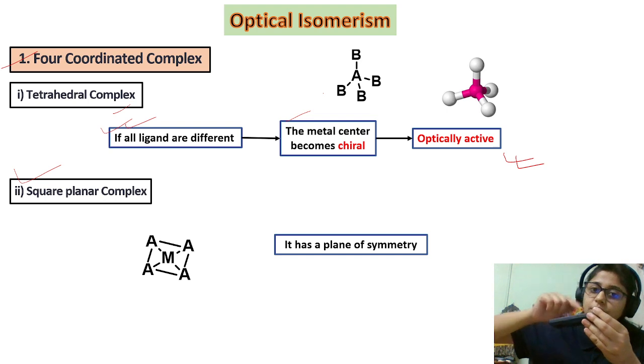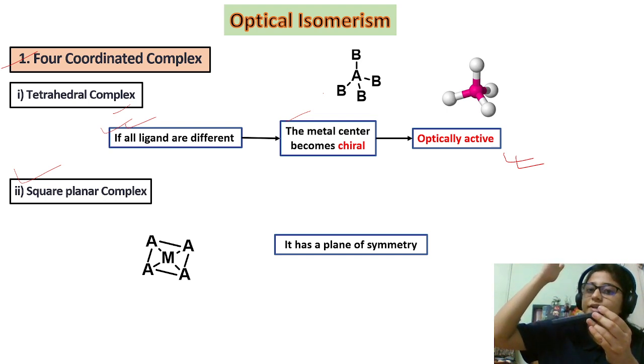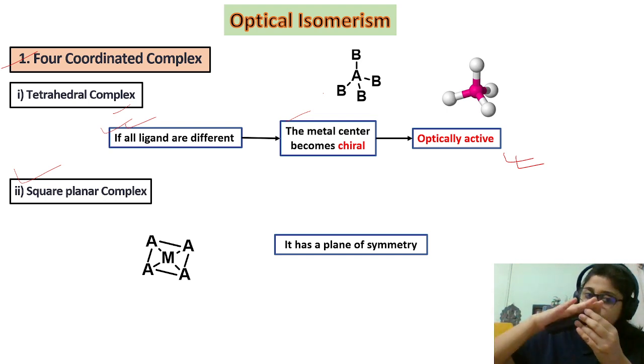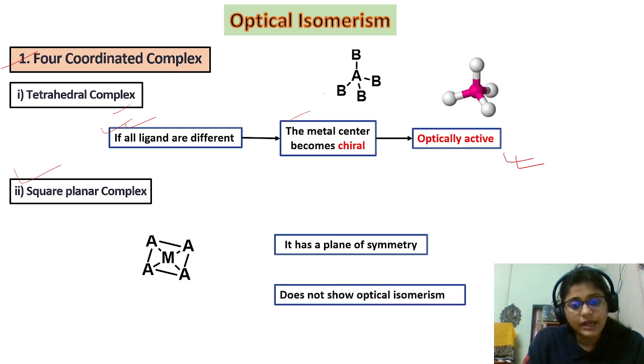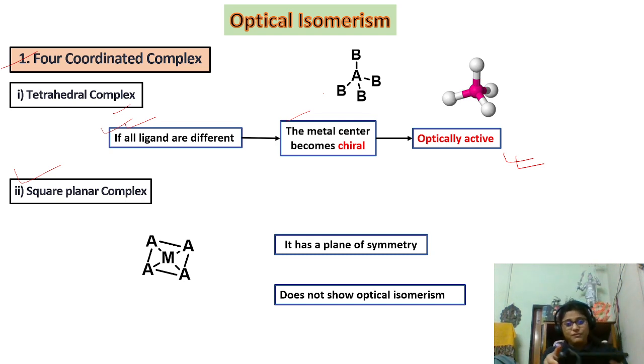No upper bond is present, no down bond is present. So a plane of symmetry is present. Always a molecular plane is there in the square planar complexes. So it has a plane of symmetry for all the cases. So it doesn't show any optical isomerism. So it ends here in the case of optical isomerism. You will be happy to know that no other examples of square planar complex you have to solve.